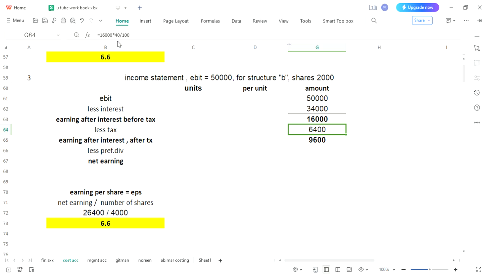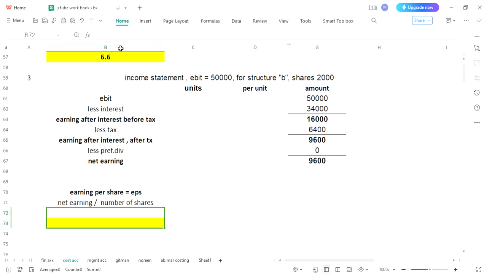Since we know that there is no dividend and no preferred shares are present, it is zero, and finally the same previous income would be your net earning. Net earning we have calculated for a single purpose, to calculate earning per share, and this is your formula for EPS.